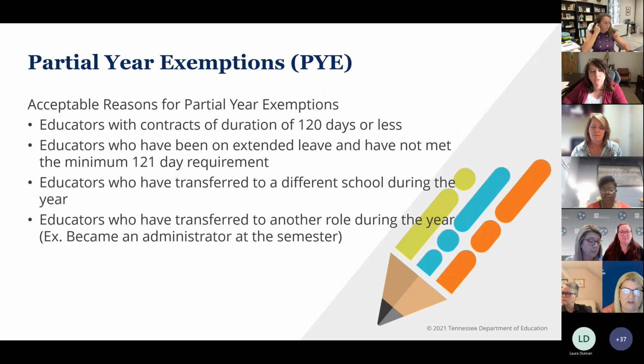If they've transferred to a different school during the year, or if they've transferred to another role during the year. So if at the beginning of the semester they became an administrator, you would want to mark them PYE, because we can't generate an LOE with partial teacher observations and partial administrator observations. So just think about whether they have met these requirements or not.